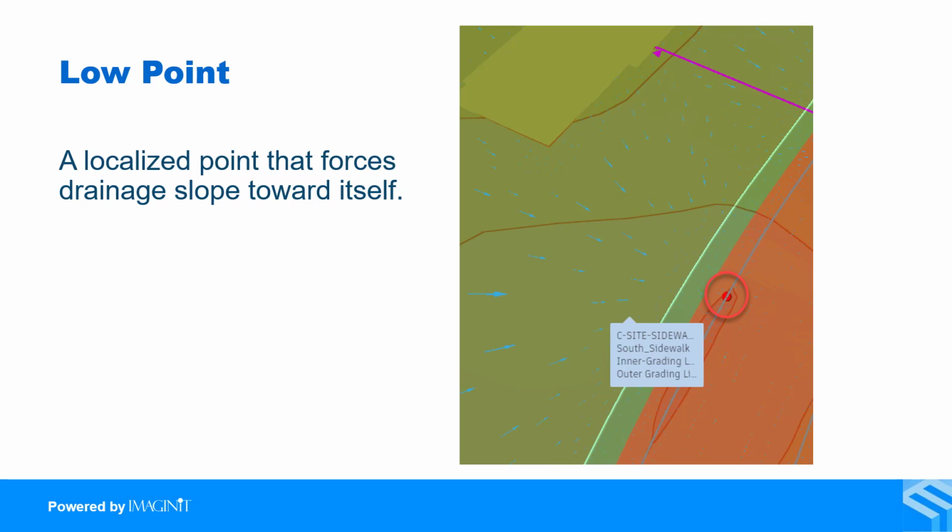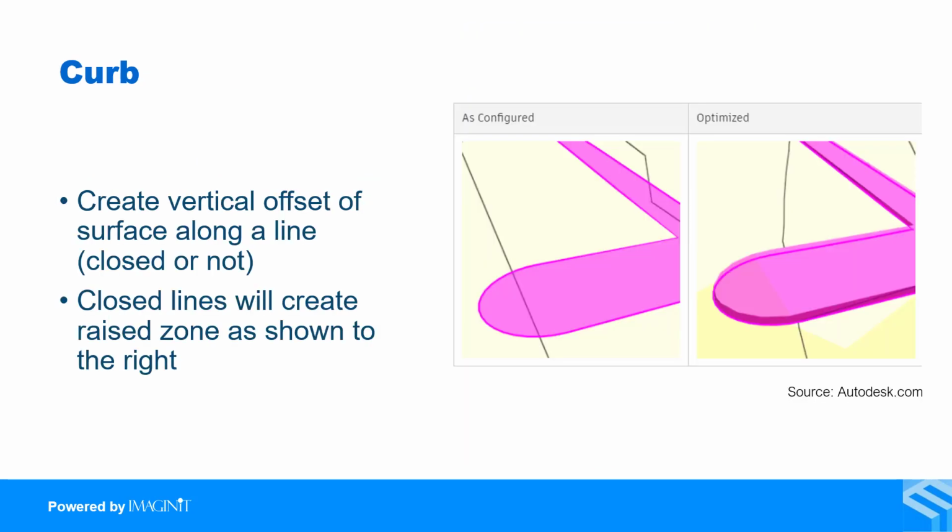So I can place a series of low points, and then say if it were in a parking lot, I could basically define cones of local depression so that I could place catch basins and things like that. They're only overridden when you have another drainage line or a low point that is closer in definition, or if it crosses one of the existing zones or break lines, or a wall break line manually.